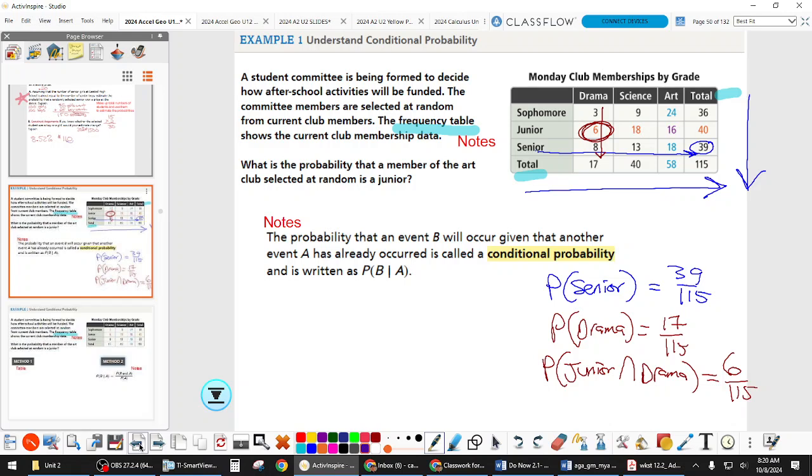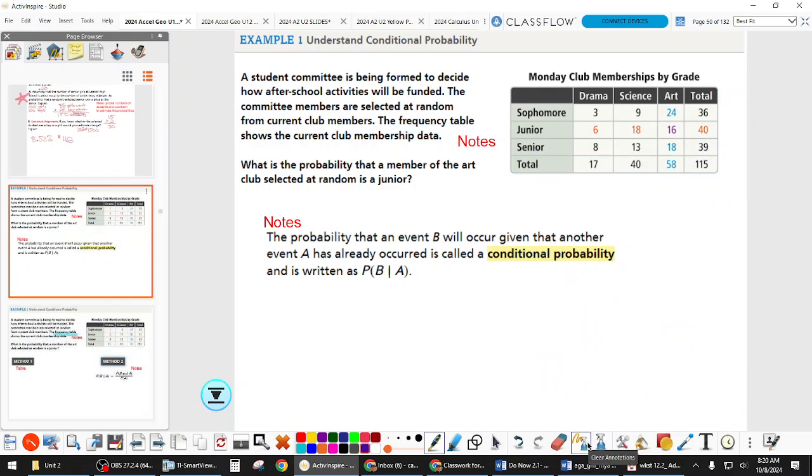And this is, I told you, a two-way table, two-way frequency table. There's lots of names for that. It shows our current club membership data. So reminding you, yesterday we had totals horizontally and vertically, and then we had this overall total in the bottom right corner that should be the same for both the horizontal totals and the vertical totals. Everybody remember that from yesterday?